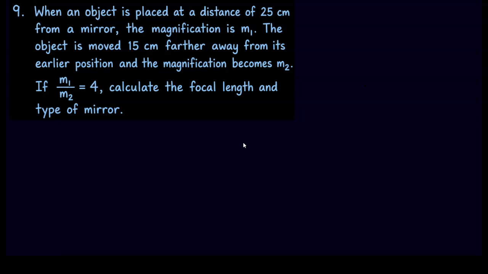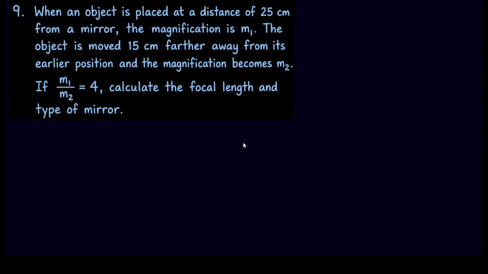Sir, I'm thinking it's concave. We can't say, we have to find out in this case. Sir, how can we say it is concave only? It may not be, convex is also possible. Yes, sir. That's why we should not conclude the type of mirror.